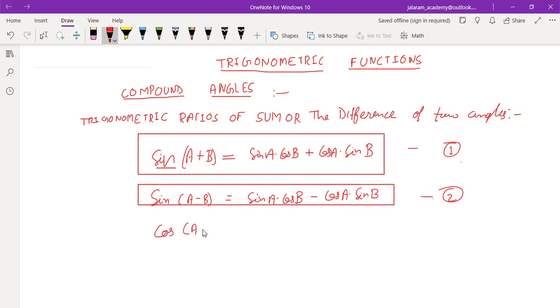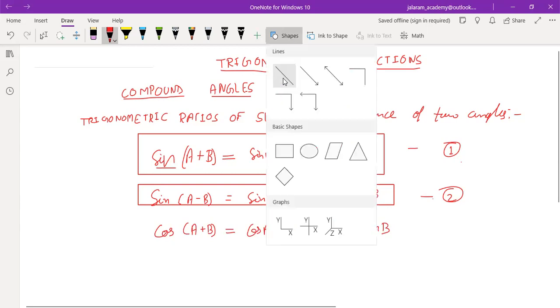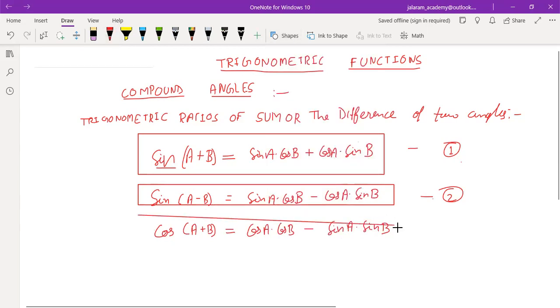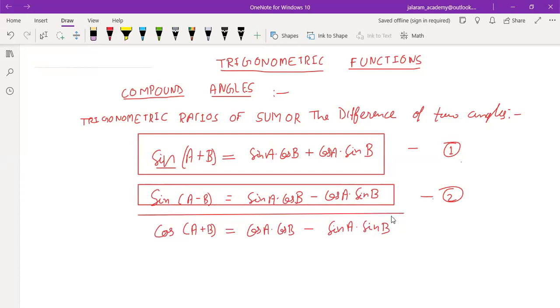Sum of two angles, A plus B. Cos A plus B equals cos A cos B minus sine A sine B. So this is the third formula for compound angle.